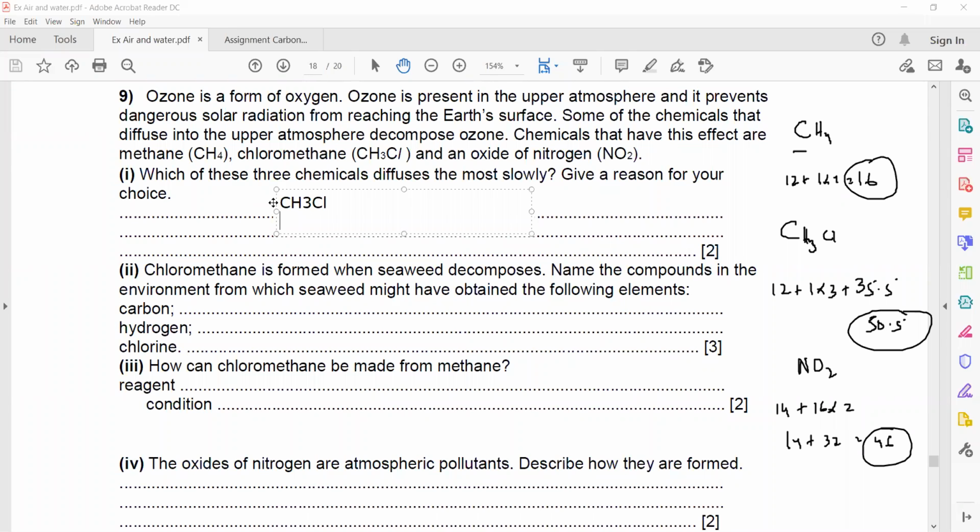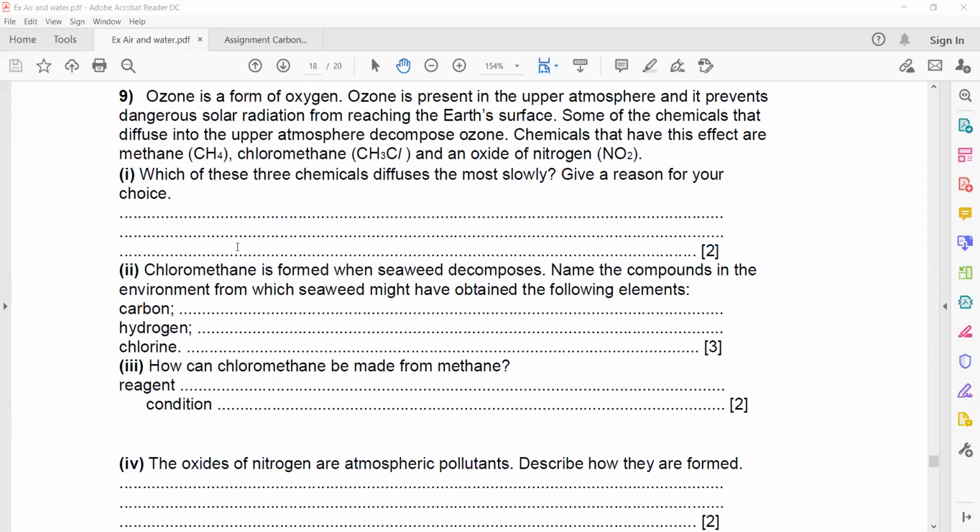Chloromethane, and the reason is because it is heavy. Heavy molecules will move slower.